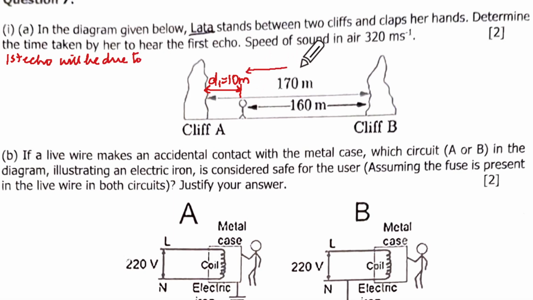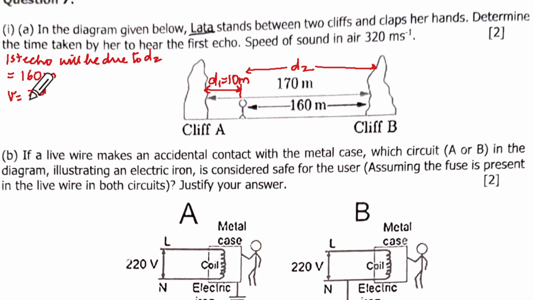So what you will say is that the first echo will be due to, as shown over here, D2, which is equal to 160 meter. All right, and the sound of the clap is going to be echoed, so it will travel twice this D2 and come back.